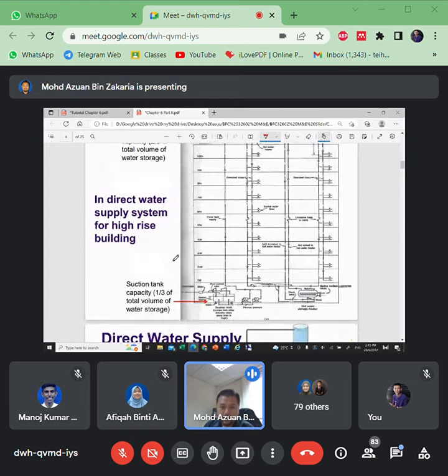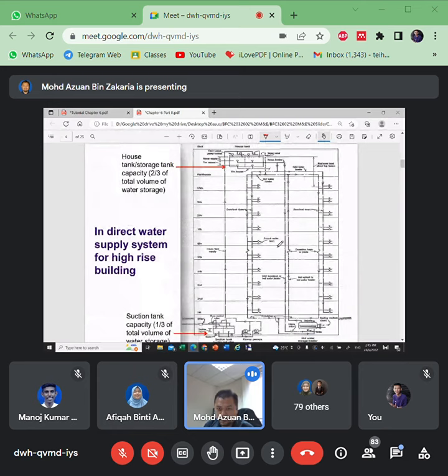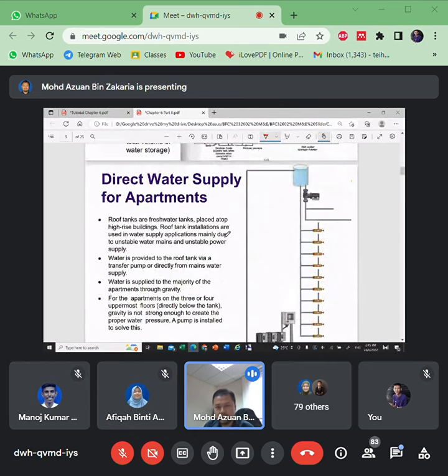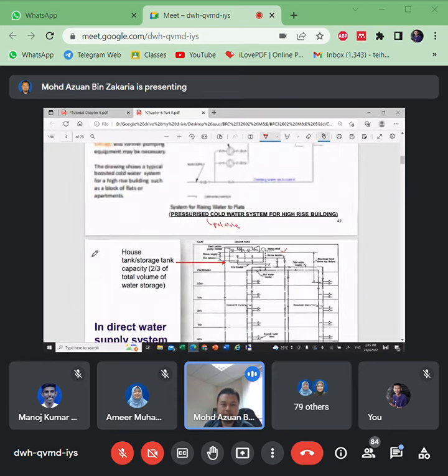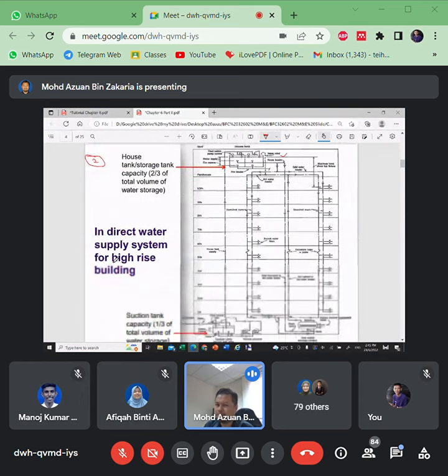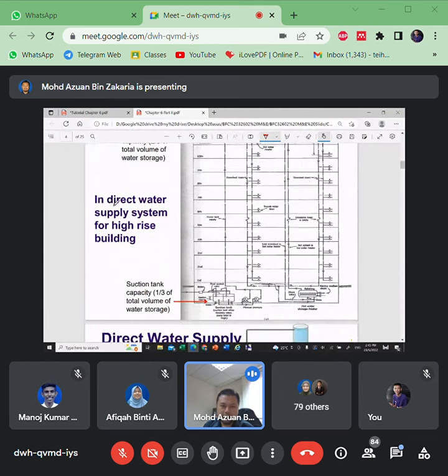And then number two, indirect water system. Okay, almost similar to the low rise. We have a tank, and on very rare occasions we have a direct water supply. Number three. Okay, let's look into number two first. System number two, which is used in most high-rise apartments and high-rise buildings, is this indirect water supply system.